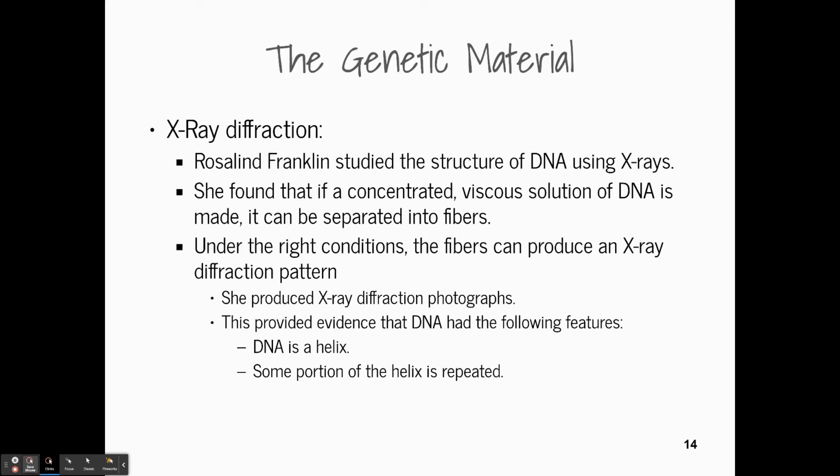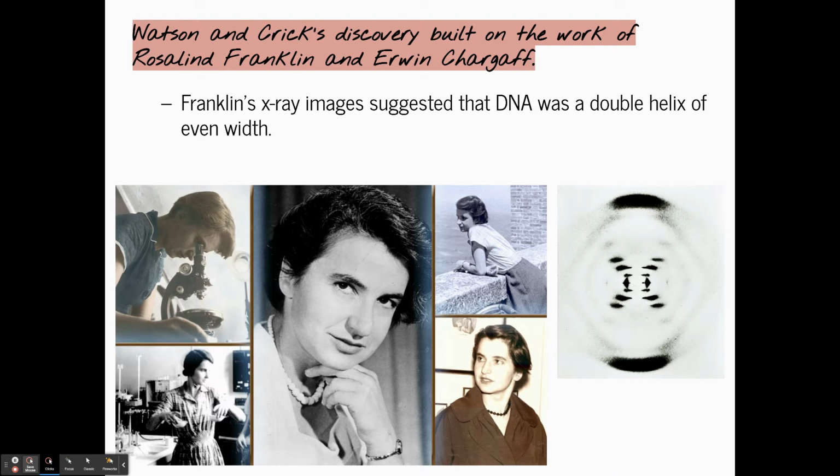Okay, so it could be separated into fibers. Now, under the right conditions, the fibers can produce an X-ray diffraction pattern. She produced X-ray diffraction photographs, and this provided evidence that DNA had the following features: that it's a helix, meaning like it's a spiral shape, and that some portion of the helix is repeated, which as we see in this picture here.